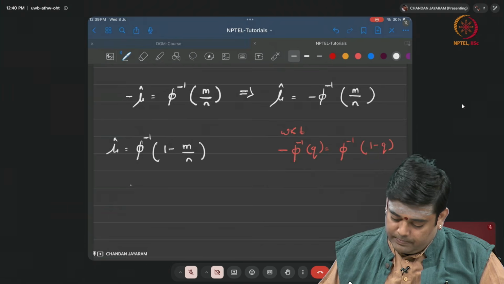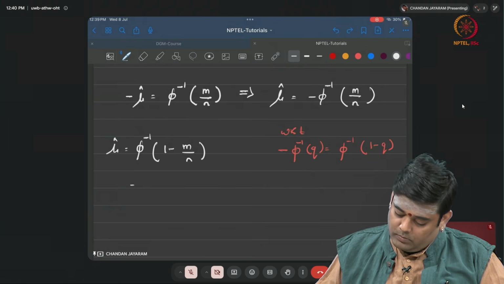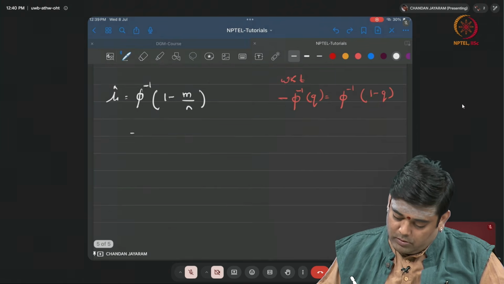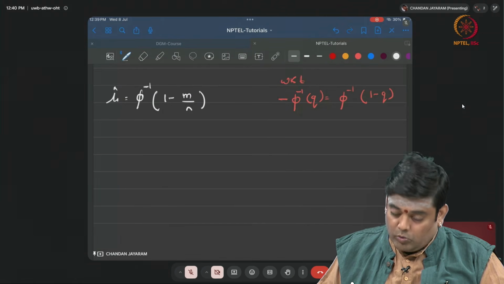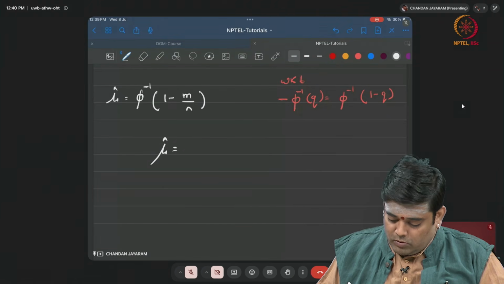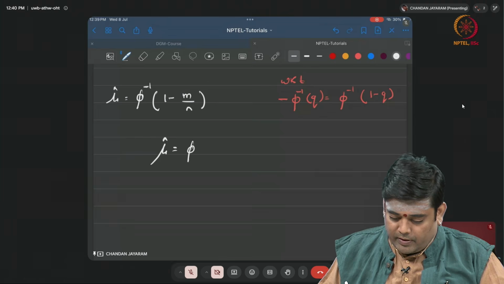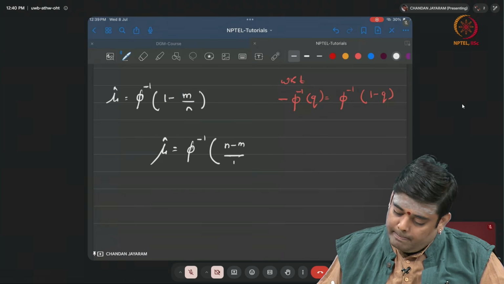Therefore this mu hat is equal to phi inverse of n minus m by n.